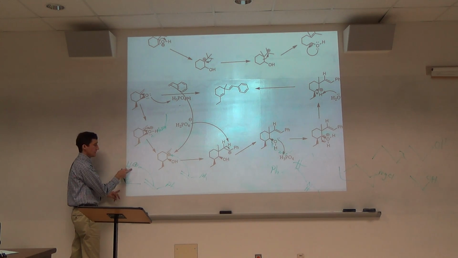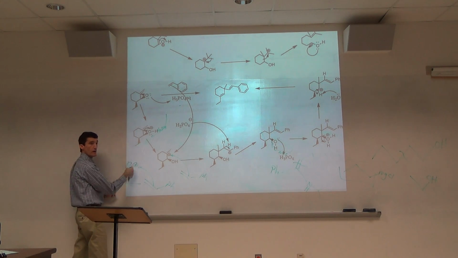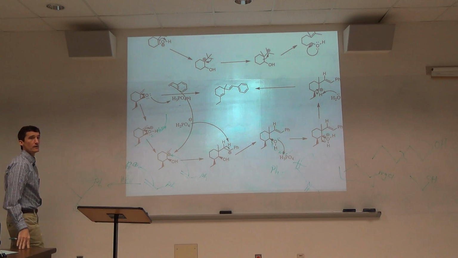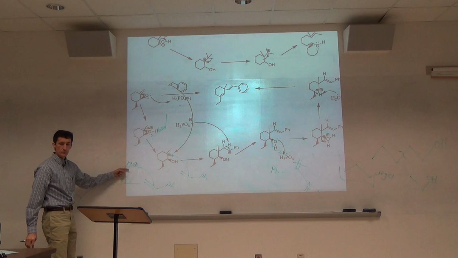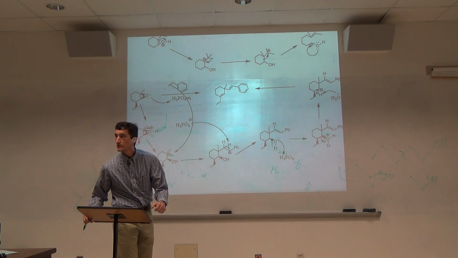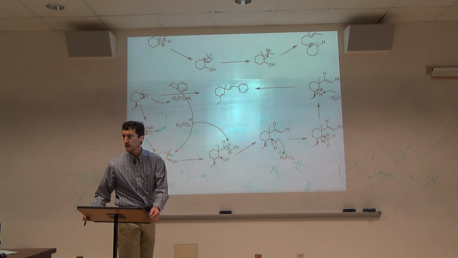Well, how about a C plus? It's the same thing. I mean, it's a cation. It's the alkene attacking the cation. You react with H plus. You didn't do a mechanism for reacting an alkene with HBr?